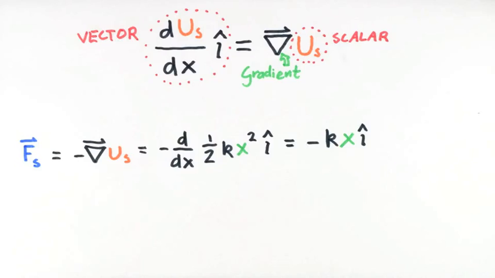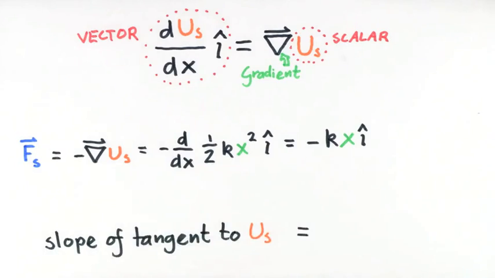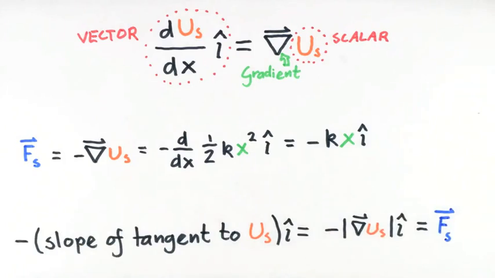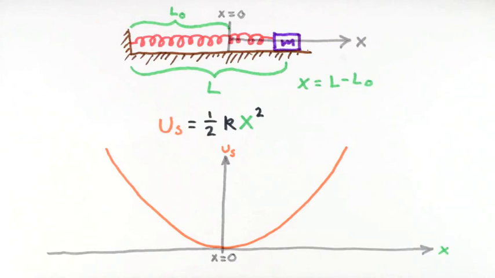If we sketch the tangent line to a given point on the potential energy curve, then the slope of the tangent line is equal to the gradient at that point. And moreover, the negative of the slope gives the force corresponding to that potential energy at that same point. As a check for the sketch of the spring mass system shown, we see that x is greater than 0, so the corresponding point on the potential energy diagram would be something like this.